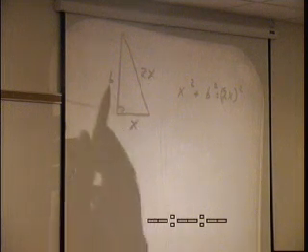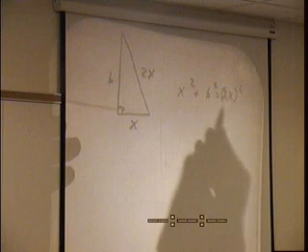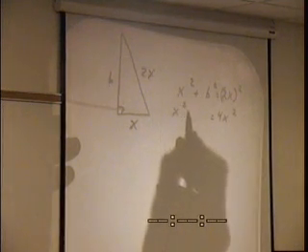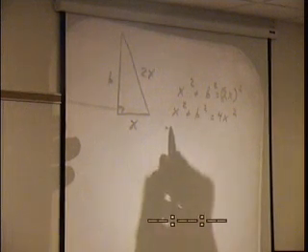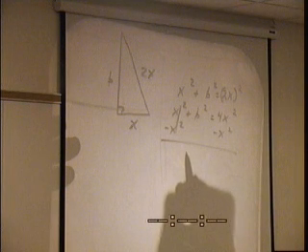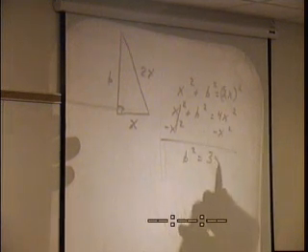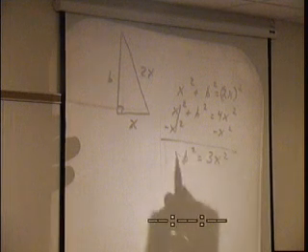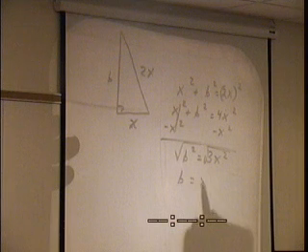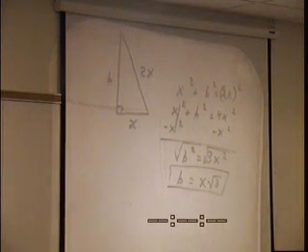I have a squared plus b squared equals c squared. Here it is. That is 4x squared. I subtract x squared. And I get b squared equals 3x squared. And when I take my square root, it's always x root 3.